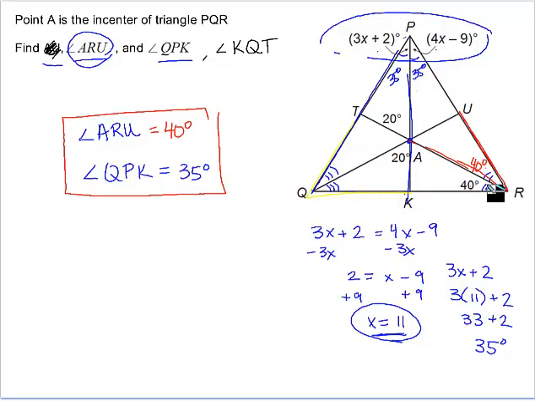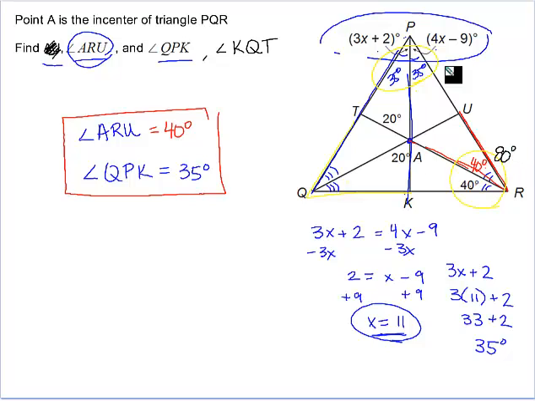Well, we know that 3 angles of a triangle have to add to be 180. So what we can do is we already know what two of the angles are. This full angle here, 40 plus 40 is 80 degrees.